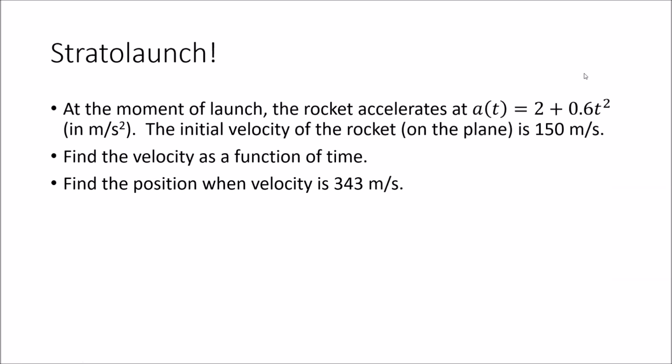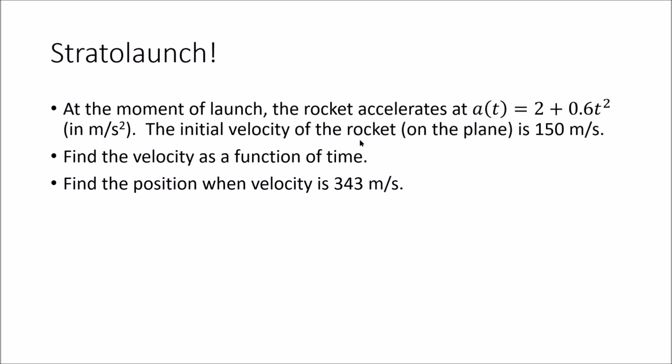Well, an example problem for this: at the moment of launch, the rocket accelerates at an acceleration as a function of time. That's how you read this. Acceleration as a function of time is equal to 2 plus 0.6 t squared, and assume that this ends up being in meters per second squared.